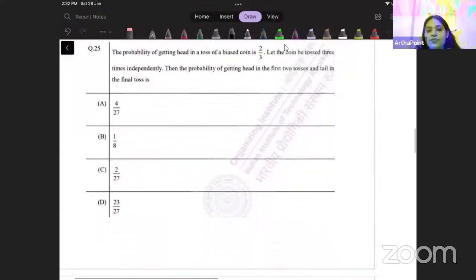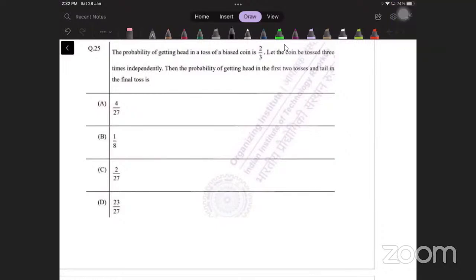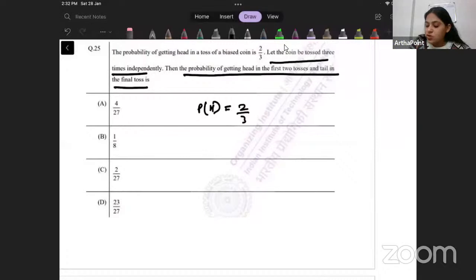Come to the next question. See how easy the questions have been in probability. Very, very simple questions have been asked. The probability of getting a head in a toss is 2 by 3. Let the coin be tossed 3 times independently. Then the probability of getting head in the first 2 tosses and tail in the final toss is. So it is asking what is head, head, tail.